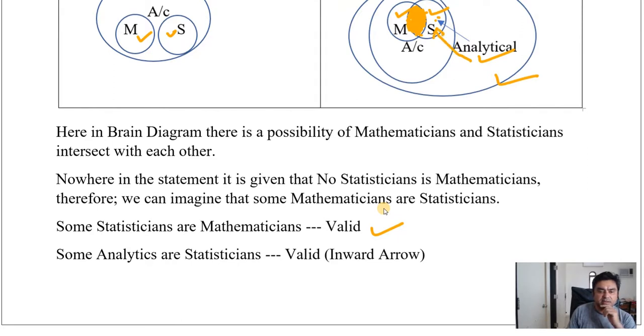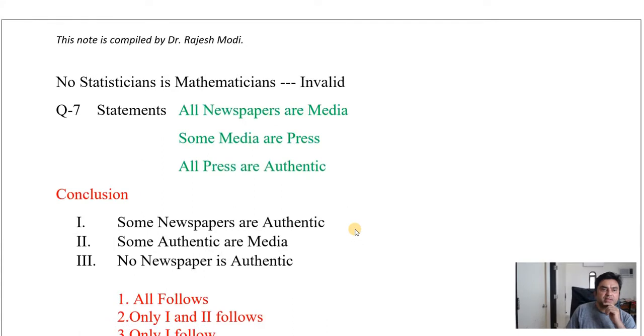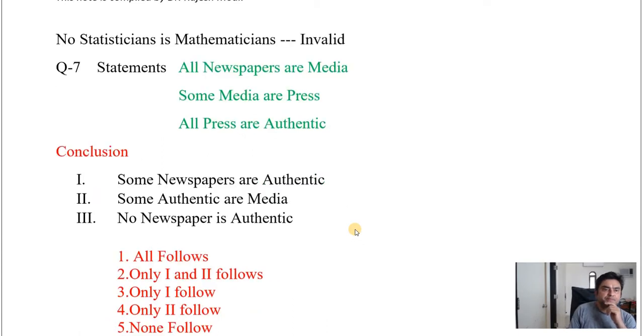Next statement. All newspapers are media, some media are press, all press are authentic. So these are the premises or propositions or statements. Now look at the conclusion. Some newspapers are authentic, positive. Some authentic are media, positive statement. No newspaper is authentic.